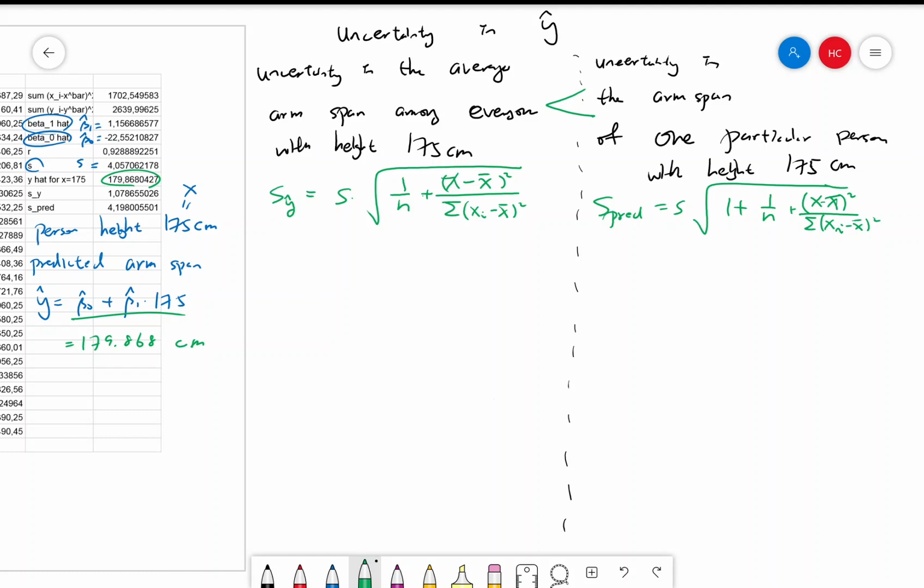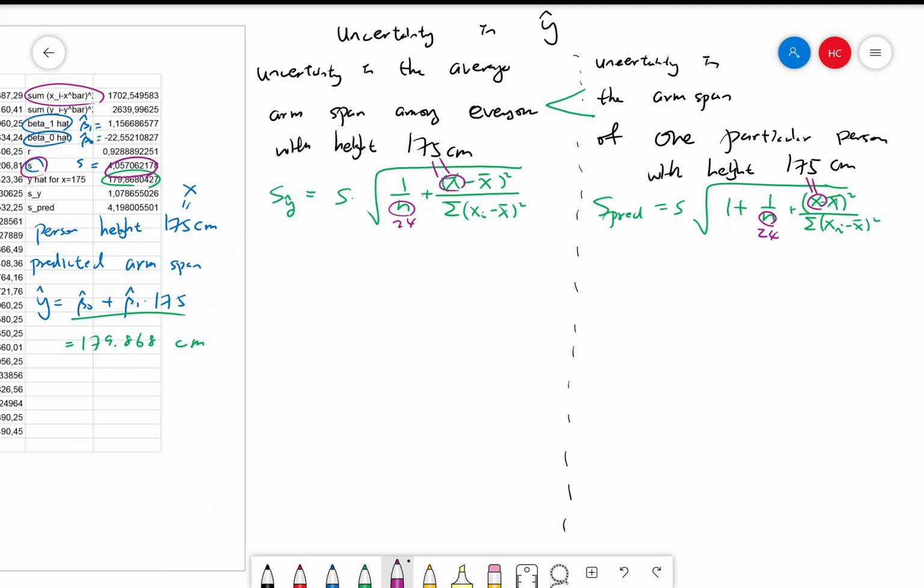Okay, in our case, every value needed is already calculated for you. The sum of (xi minus x bar) squared can be found here. x is 175 and n is 24. And s is here. So we have the value for everything.